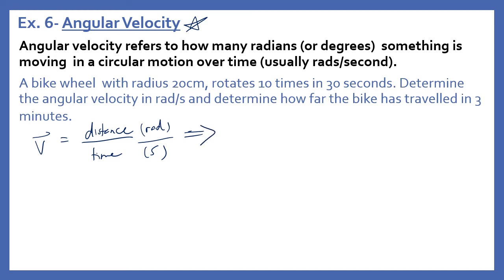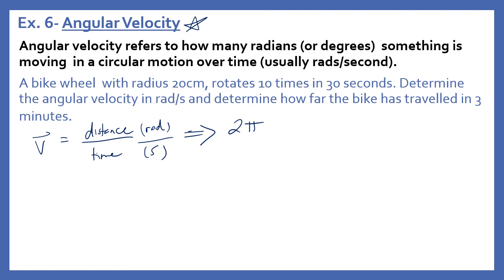So to come up with our distance, we know, okay, how many radians are there in a full circle or in a full revolution? Well, we know that there are 2 pi, right? We just came up with that. So every time the bike wheel turns once, it's traveled 2 pi radians.